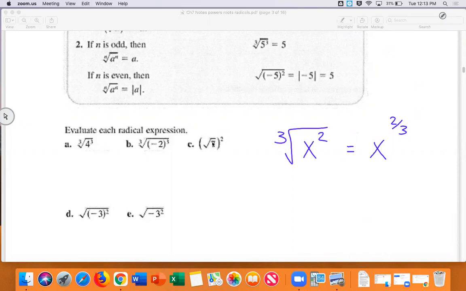So we were talking about some of these problems yesterday, right? We talked about how cube roots and cubing kind of undo each other, like multiplication and division, addition and subtraction. But we can really understand that if instead of just trying to compute it, we view it as a rational exponent. So the cube root of 4 cubed, obviously, we could talk about that as the cube root of 64.